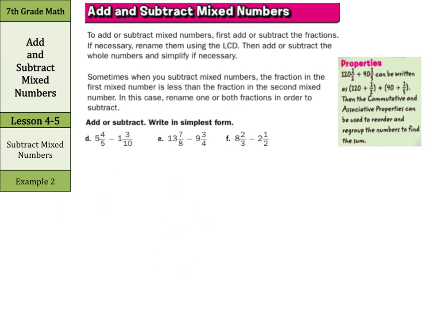What about subtraction here with mixed numbers? We do need to get common denominators for our example here in D. And when I look at 5 and 10, don't just multiply and get 50. Think, okay, my multiples of 5 are 5, 10. So this is going to be 5 and so many tenths minus 1 and so many tenths. And how many tenths there? Well, just 3.